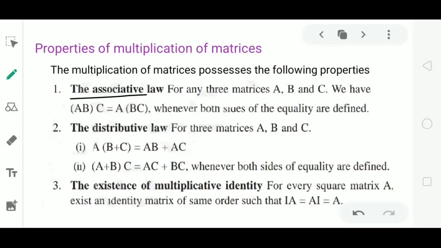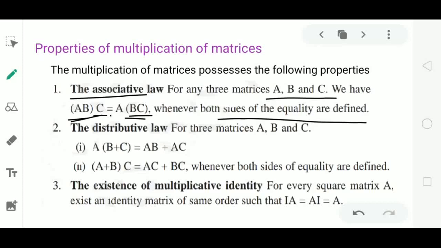For any three matrices A, B and C, AB into C is equal to A into BC. The product of matrices satisfies associative property whenever both sides of equality are defined. It satisfies associative only when both sides are defined.